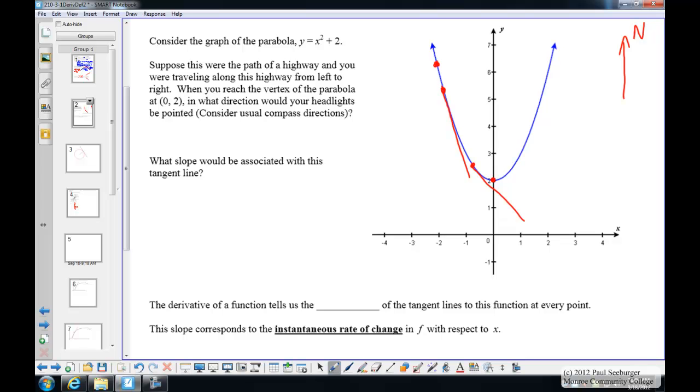They're horizontal. They're pointing which direction? Due east here. So you'd say due east. What slope would be associated with this tangent line? Slope of 0. Talked about that already a little bit. So your derivative at this point should be 0 at (0, 2), or when x is 0.